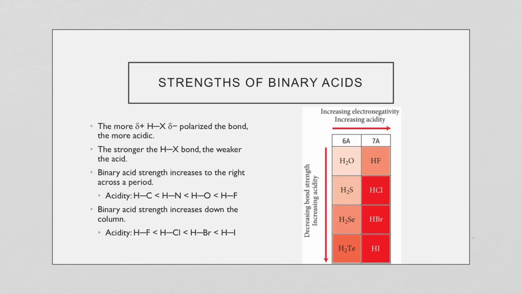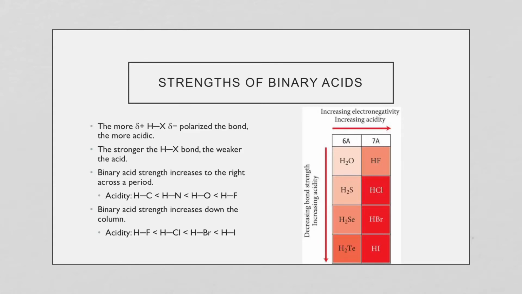And so a lot of these we can find over on the right-hand side of the periodic table, groups 6A and 7A, right? These are a lot of our classic binary acids. And what we can see is two basic trends. We can see that as we go down a group, and we can see this by color code, we get stronger and stronger acids.